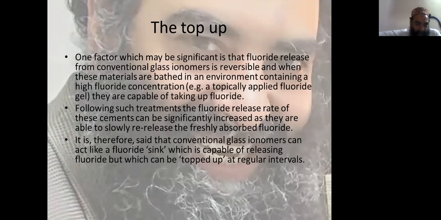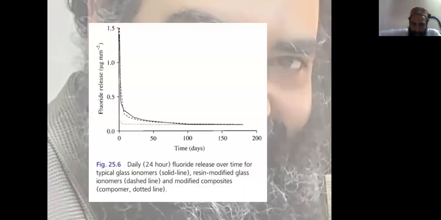It is therefore said that conventional glass ionomer can act like a fluoride sink, which is capable of releasing fluoride, but which can be topped up at regular intervals. So this is the picture: daily, that is mean 24-hour fluoride release over time, and topical glass ionomer.